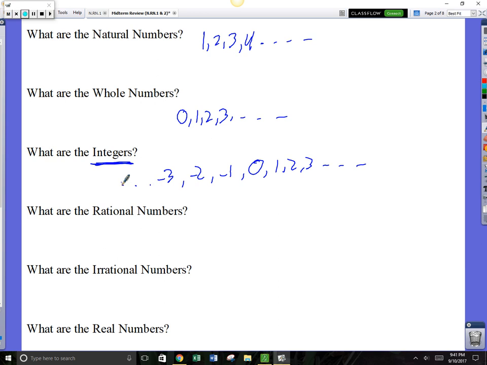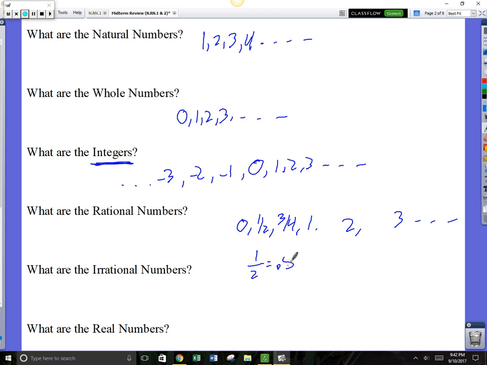Okay, then the rationals, which include everything that we've covered so far, they include all of the fractions in between. So the 1/2, the 3/4, 1, 2, 3, dot, dot, dot. So the fractions, any fraction, so let's look at 1/2 and 3/4. Any fraction that can be written as a decimal, where we're going to be picky about the decimal.